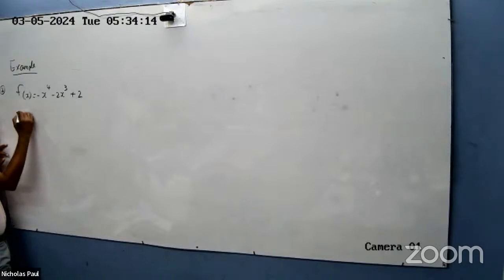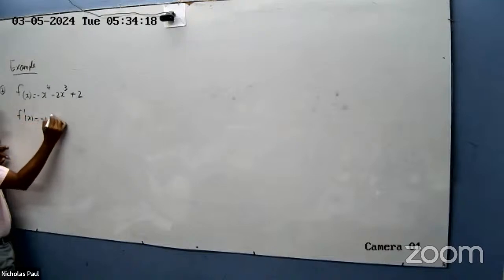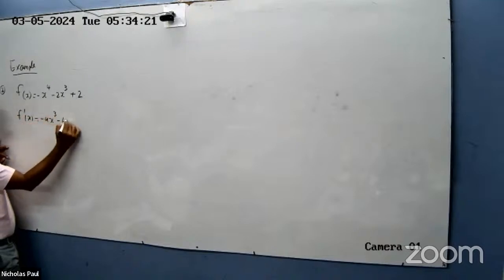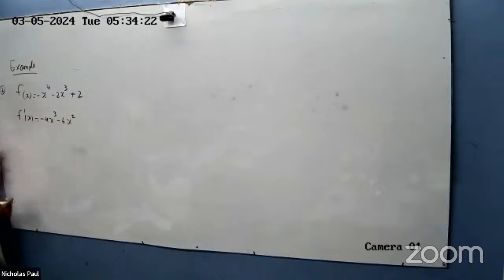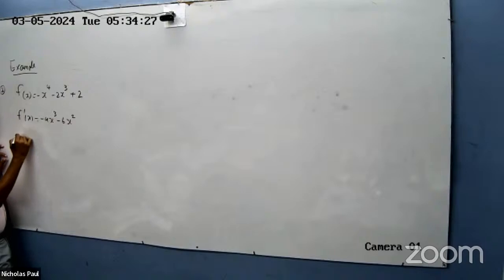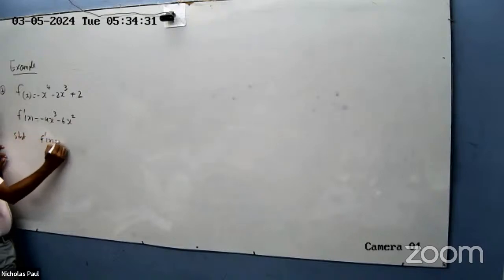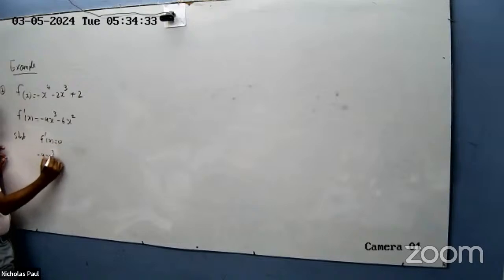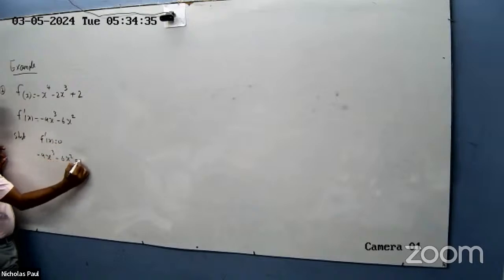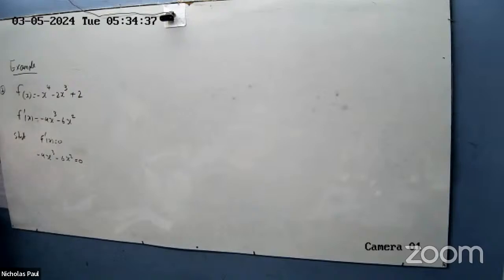Right, so you should have your first differential by now, and you will get minus 4x cubed minus 6x squared. And then remember your stationary points occur when f prime x is 0. So it's minus 4x cubed minus 6x squared is 0. When you solve, what did you get?